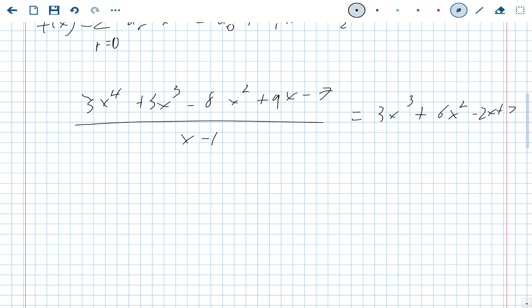Now, to do that, it's the same as normal long division essentially, but you just work with polynomials and variables instead.